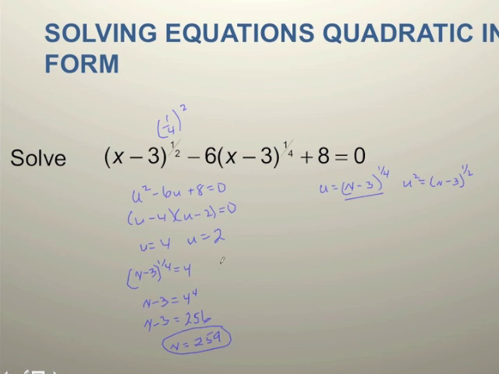And for the other answer, I have (x minus 3) to the 1/4 equals 2. Raise them each to the 4th power. x minus 3 equals 2 to the 4th, or x minus 3 equals 16, and x equals 19. Great.